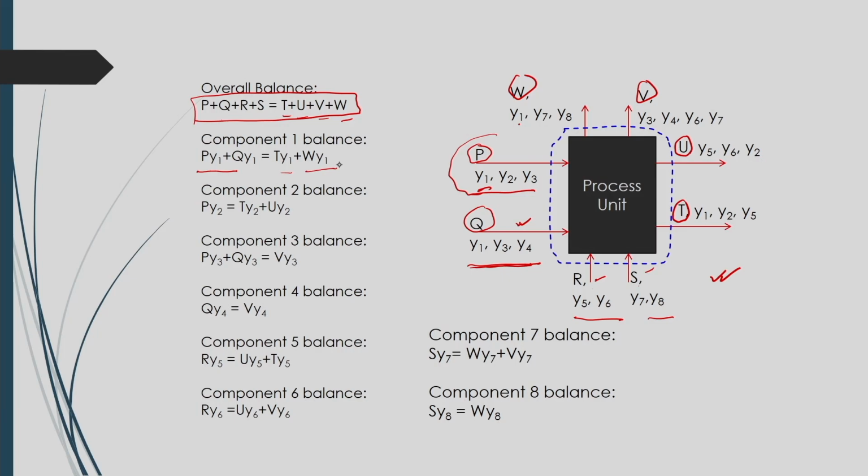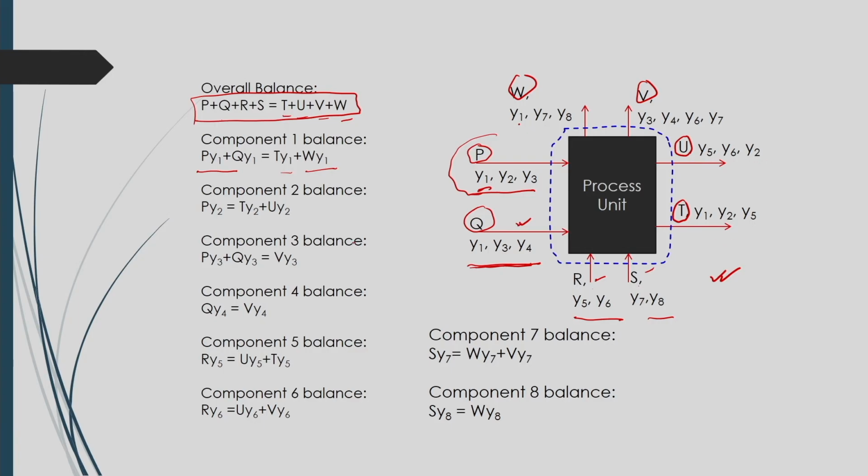Similarly, for compound 2 we can write the balance. In the input it is coming as P into Y2, no other Y2 is coming into the inlet, whereas at the outlet we have Y2 in the U stream and in the T stream. So it will be U into Y2 plus T into Y2.